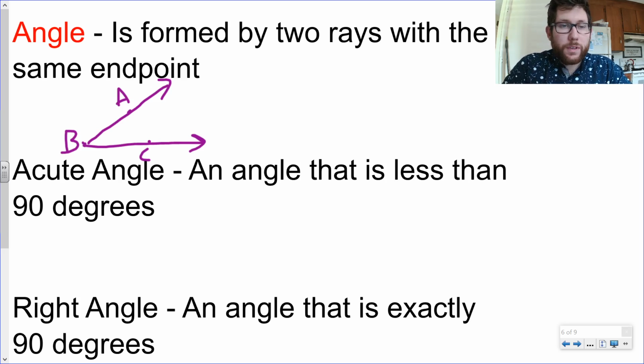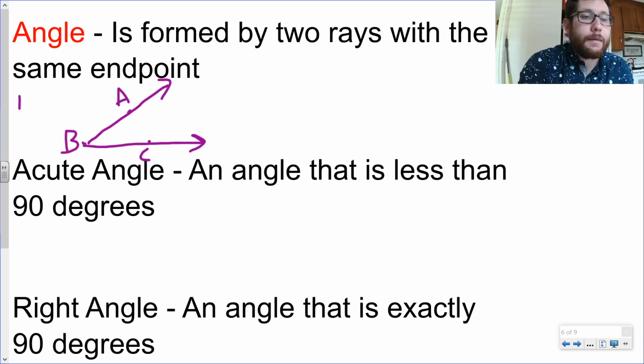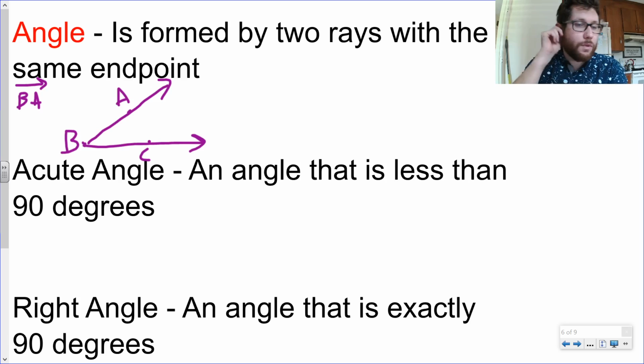Hopefully that's pretty obvious. Now, let's talk about how we notate an angle. We've talked about with rays that, if I want ray BA, I put B and then A, and then I put an arrow always to the right. So that's how I would notate the ray BA. But how do I talk about this angle? Well, actually, there's a couple correct ways to talk about angles. One of the ways is to do something like this.